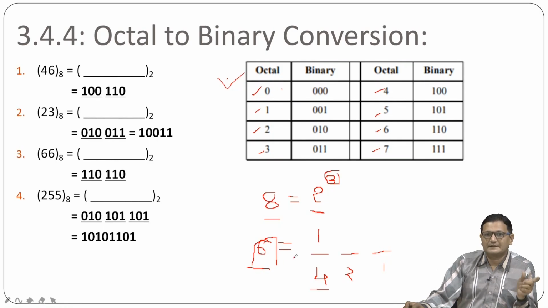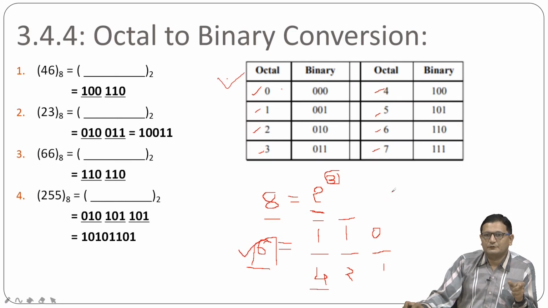So 2 remains. Now shall we take this 2? Yes. If I am taking this 2, then 2 minus 2, the number becomes 0, right? If the number becomes 0, we don't want this 1. Okay, so I am writing 0 here. So see here, 4 plus 2, right? So that is 6, and we got this.